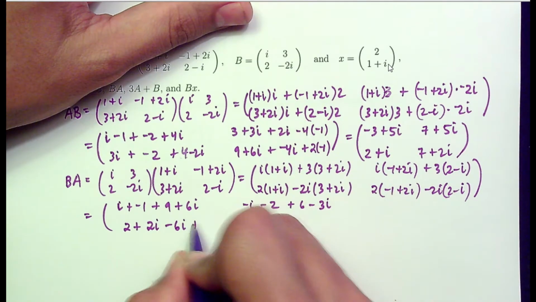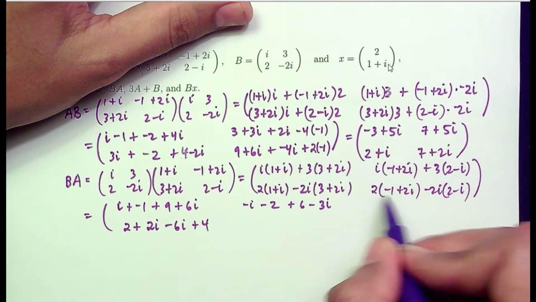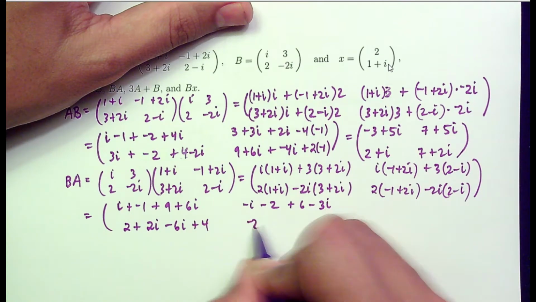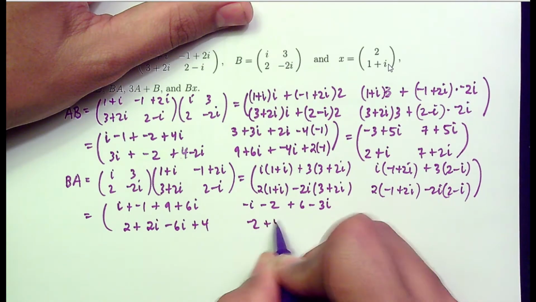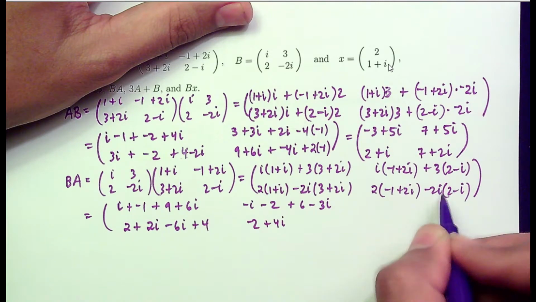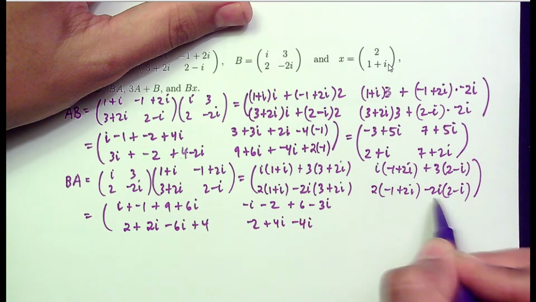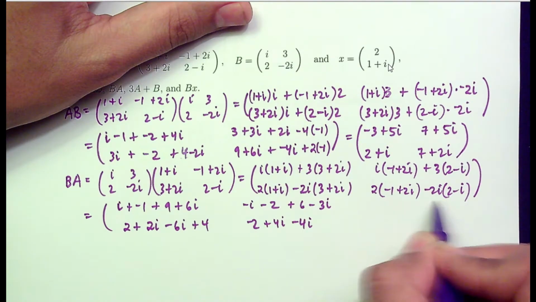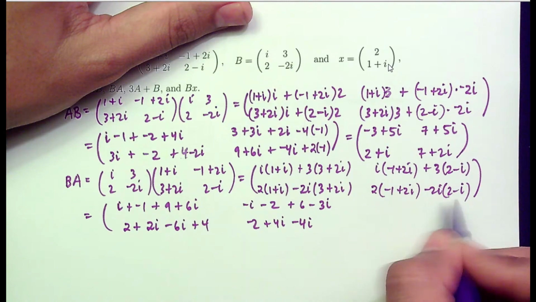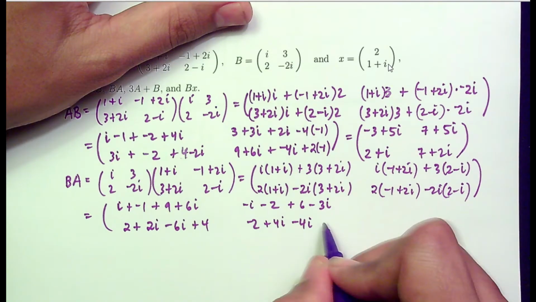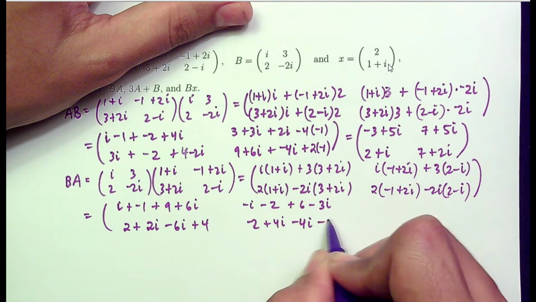So it will be positive 4. And then here, we have minus 2 plus 4i minus 4i. And then you would have negative 2i and negative times negative i. That would be positive 2i squared. i squared is negative 1, so it would be negative 2.